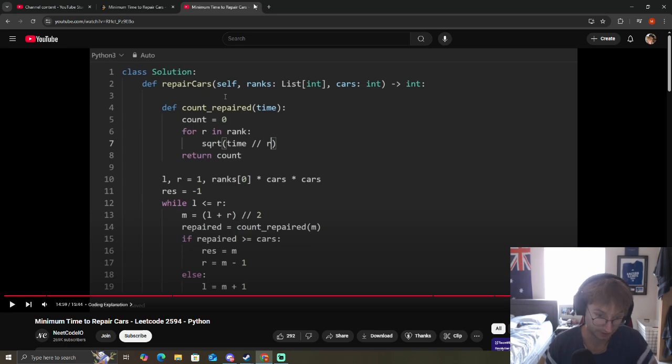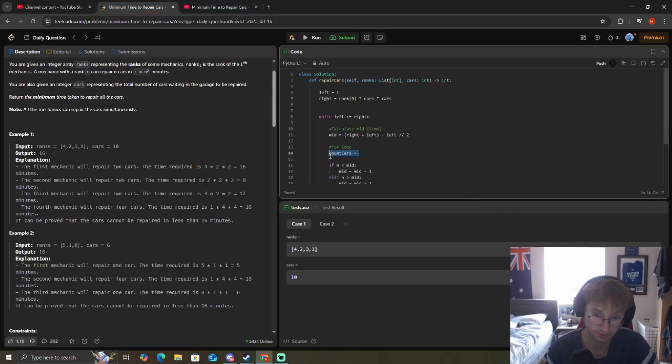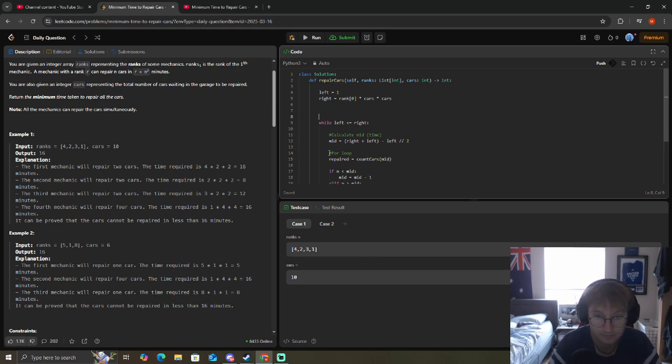Oh my god. Let's just do the same. Head is equal to count cars. We pass it the midpoint. Create def count cars, passing in our mid.